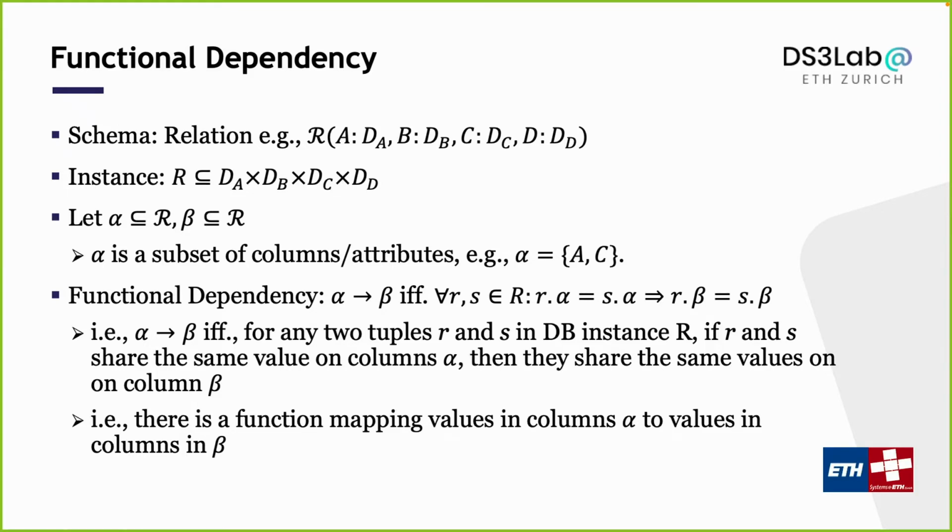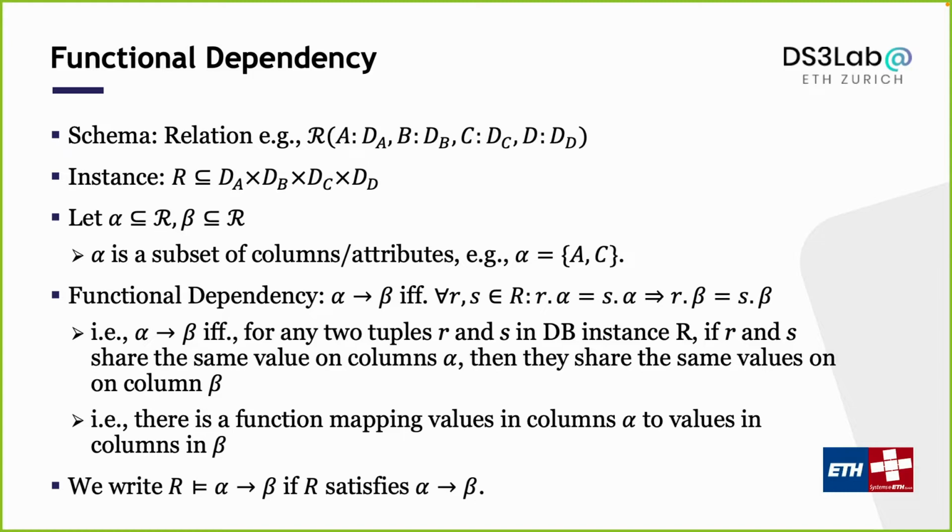The way to think about it is as if there's a function mapping in your data that maps a specific value in this column alpha to the value of your attributes beta. That is why it's called a functional dependency, and that is how to think about it. So we have this notation if this functional dependency is satisfied in this specific database instance.